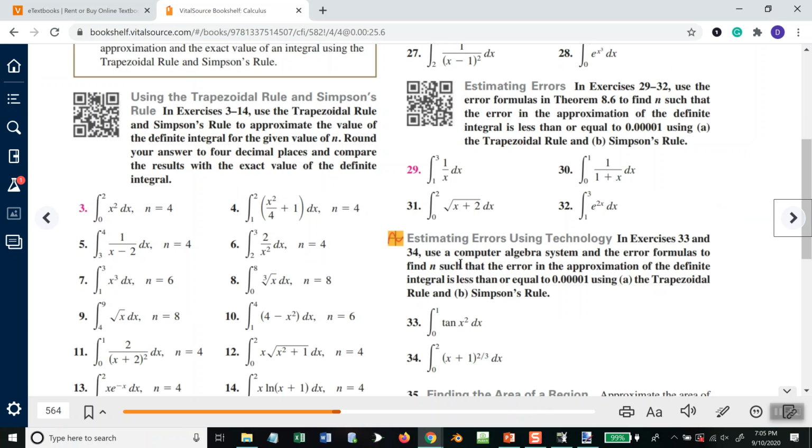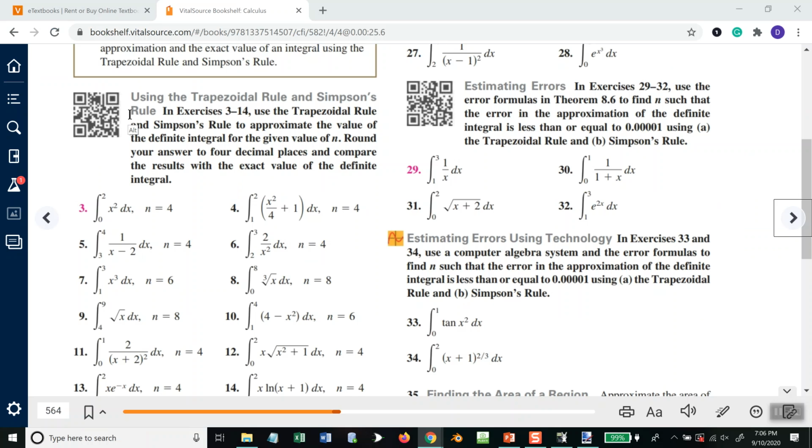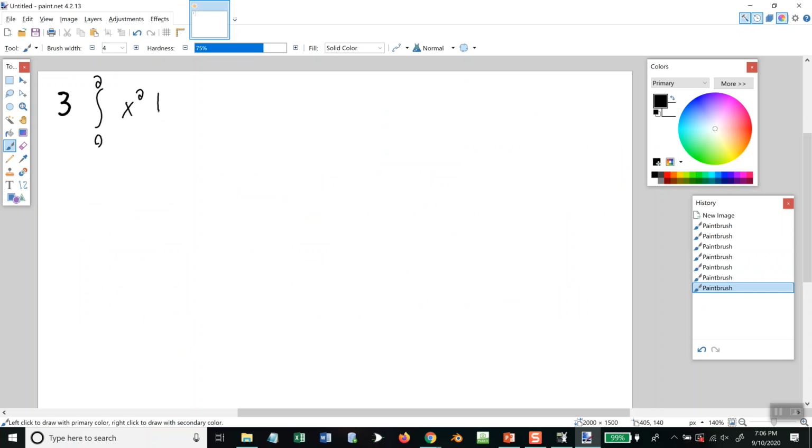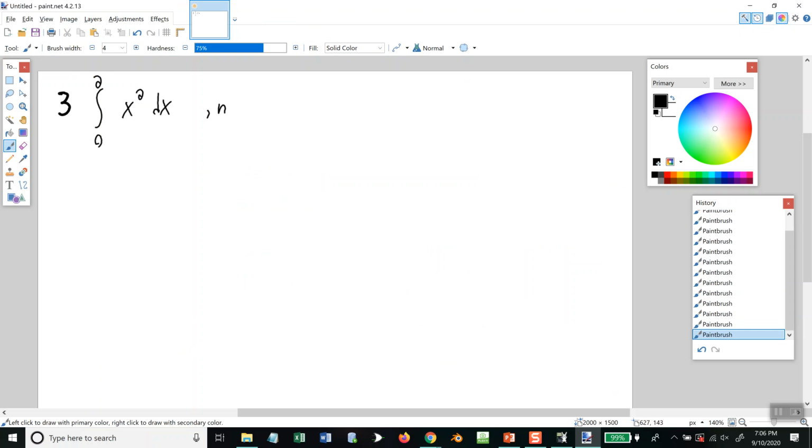Okay, so we got number 3: the integral from 0 to 2 of x squared dx, and n is equal to 4.